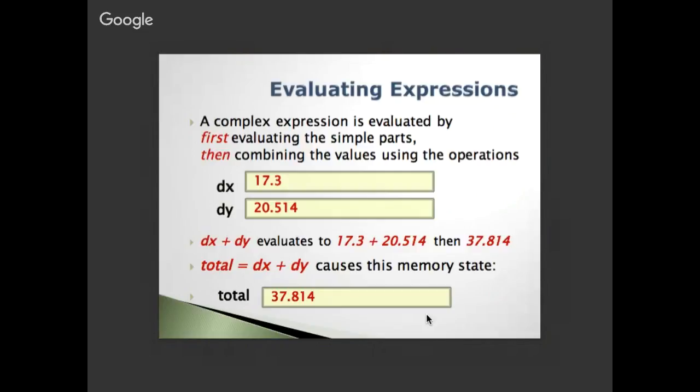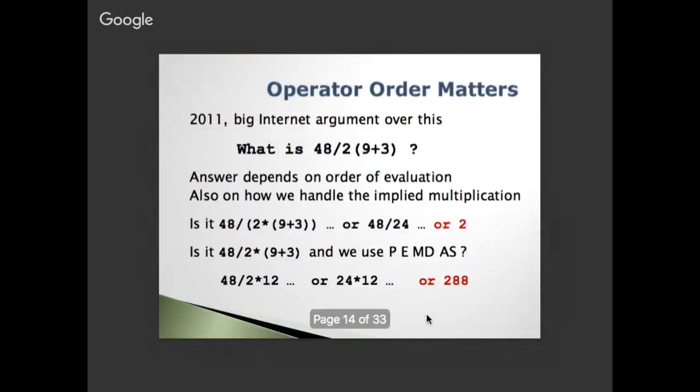For more complex expressions, you evaluate the simple parts first, then combine the values using operations. So we have dx with that number, dy with that number, dx plus dy evaluates to that, then the result is there. Total equals dx plus dy causes memory to put in the total, 37.814. Just simple mathematics, a sum, that's all it is.